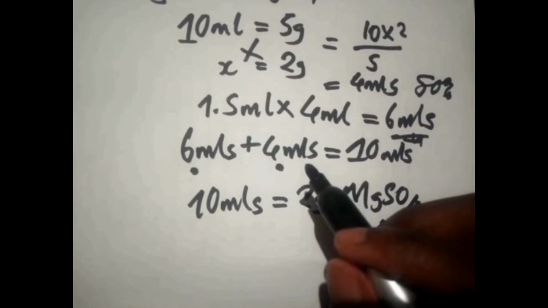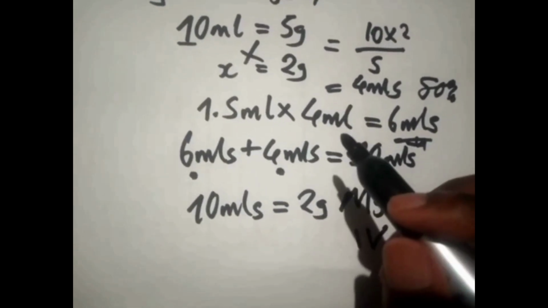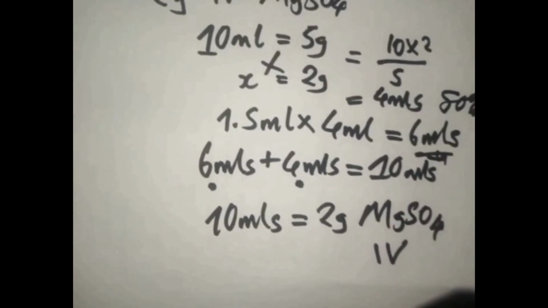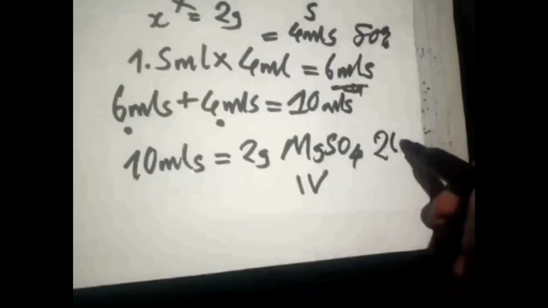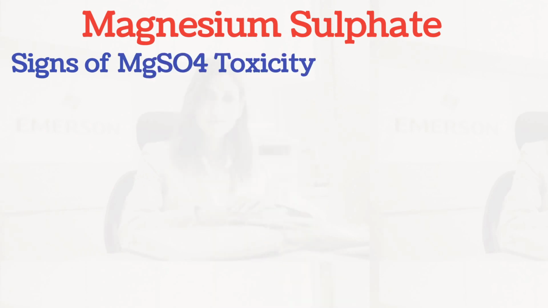There are sometimes where you overdose in the calculations and the like, so you have to know the signs of toxicity. So this is 20%, don't forget it. If you give too much magnesium sulfate, you can cause magnesium sulfate toxicity.